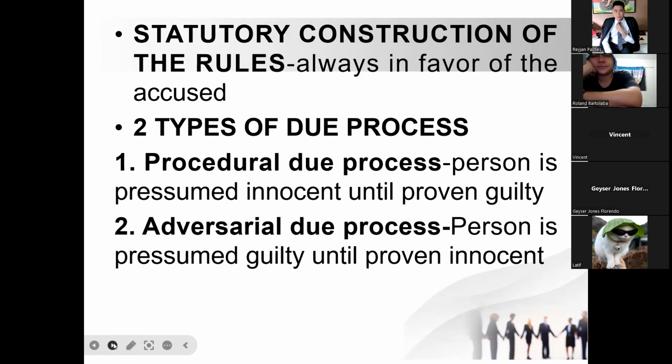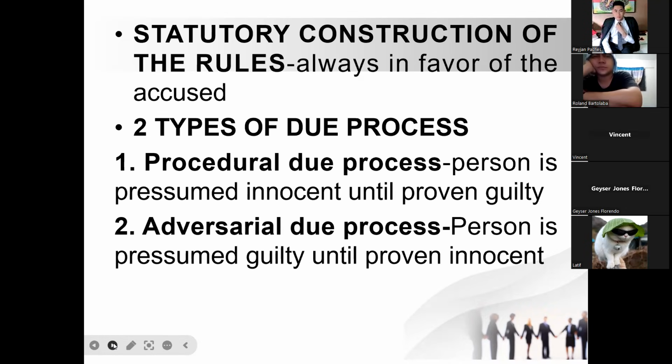Halimbawa, kapag yung parties, defense, they failed to provide enough evidence. Ibig sabihin, the evidence by the parties, yung victim and accused, are equally balanced. Kaya papasok yan ngayon sa tinatawag natin na equipoise doctrine or equipoise rule.